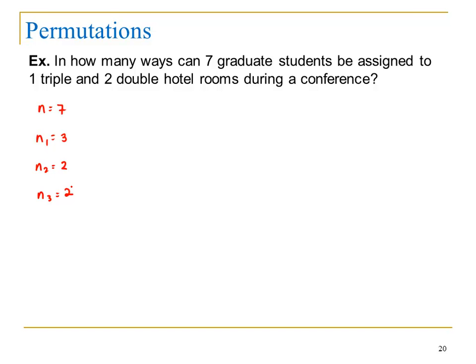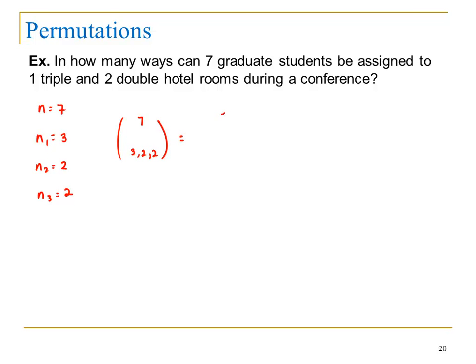So we want to know how many possibilities we have of arranging these 7 students into these 3 sets or subsets or cells: 1 with a capacity of 3, and 2 with a capacity of 2. Easy, we use the same notation, 3, 2, 2.